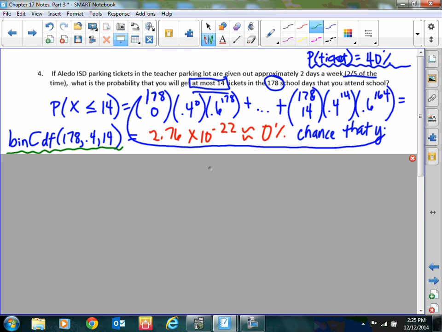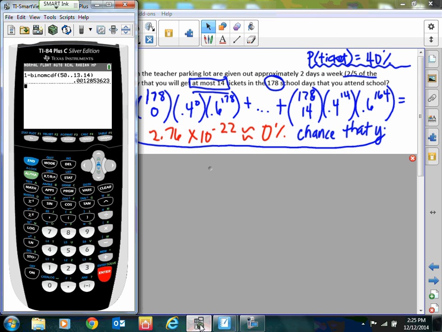That doesn't give you anything. I write it just so you can see how I came up with this answer. And you do actually get a very strange one. If you go binomial CDF, because we are going from 0 up to 14, and you get this number here.